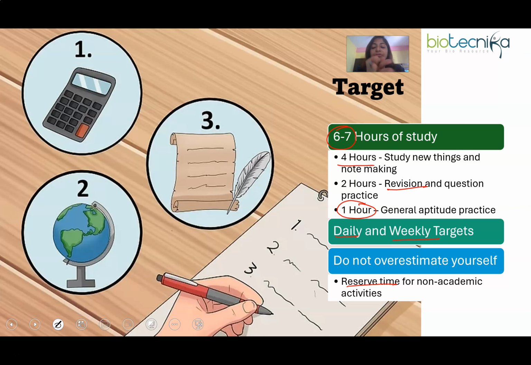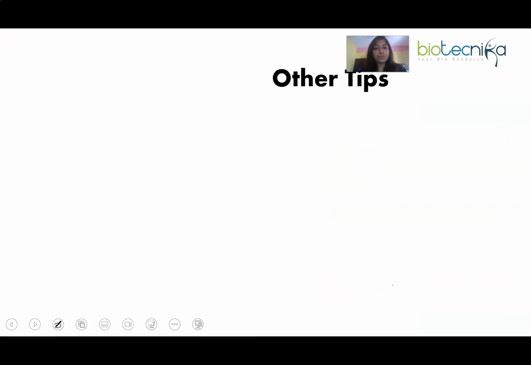So when you're creating your routine, reserve time for the non-academic activities. One or two days here and there, or a few hours less study here and there will not harm, provided you come back to your study routine immediately. So this is how your target should be.